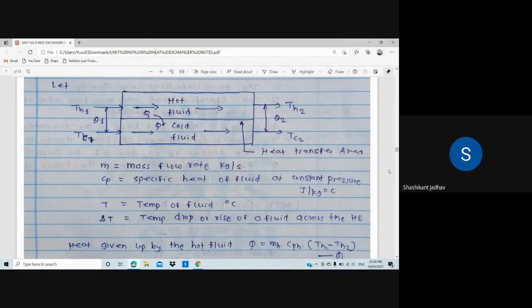Whatever the temperature change is, up or down, delta T is the temperature drop or rise across the heat exchanger. Okay, so these are the parameters for that particular heat exchanger.